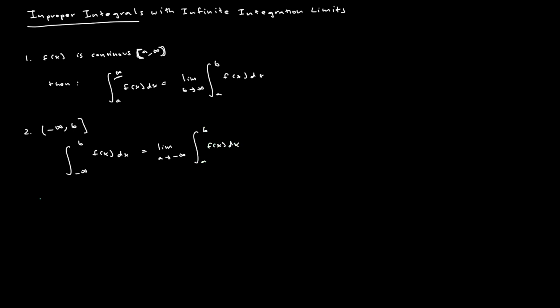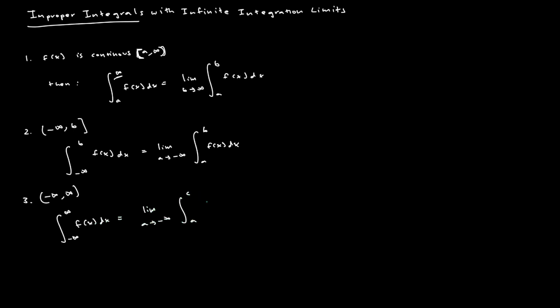And finally, if we have a limit that we want to find on both sides going towards infinity, then this integral of f of x dx is simply equal to the limit as a tends towards negative infinity of the integral from a to some constant c.